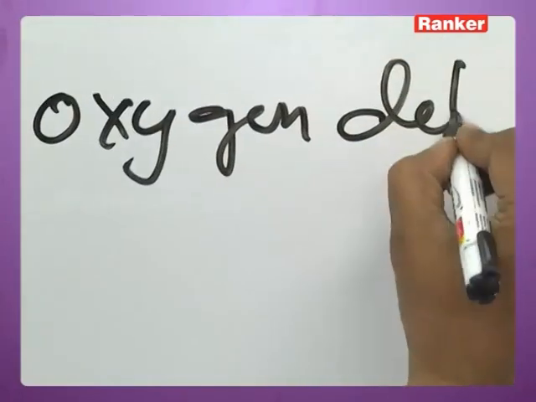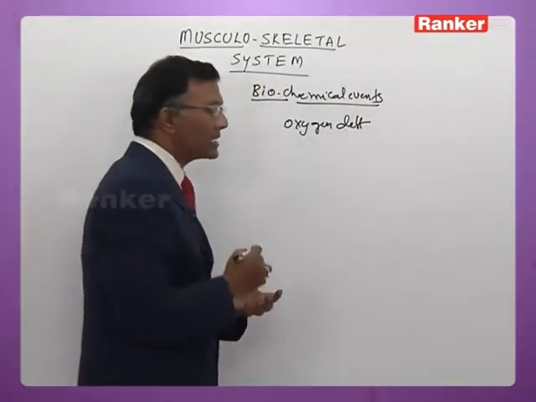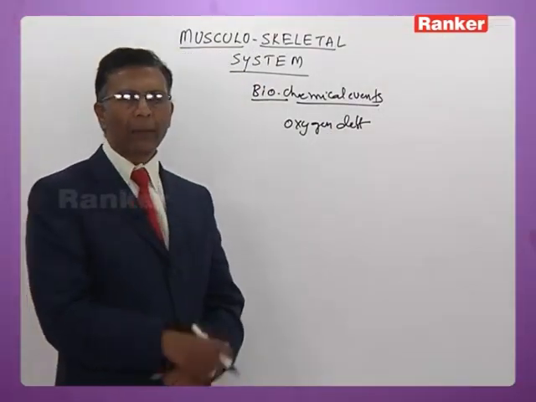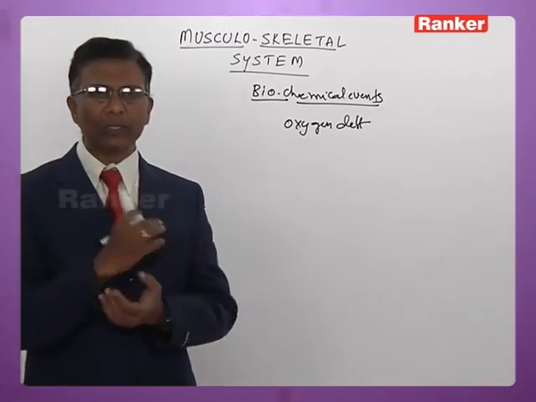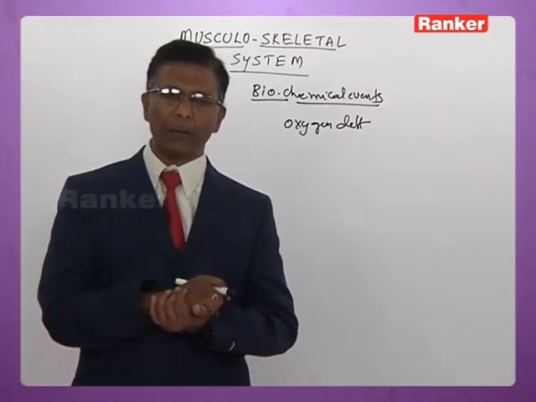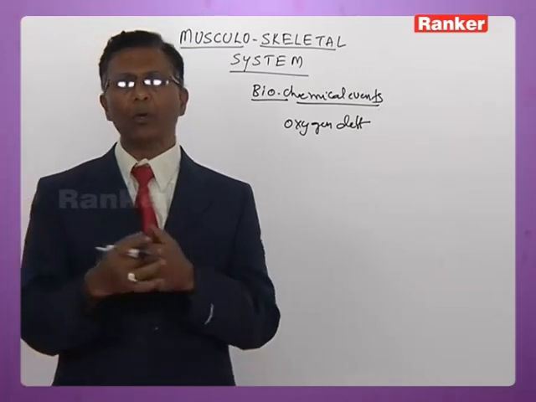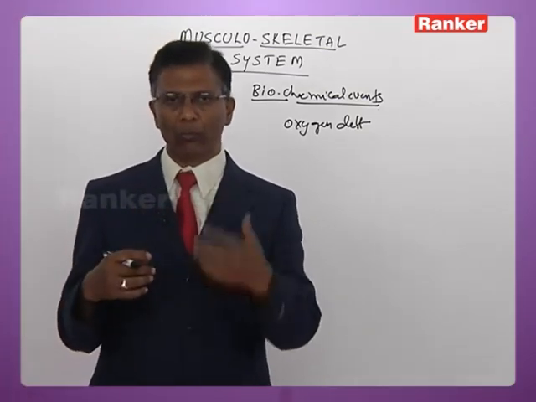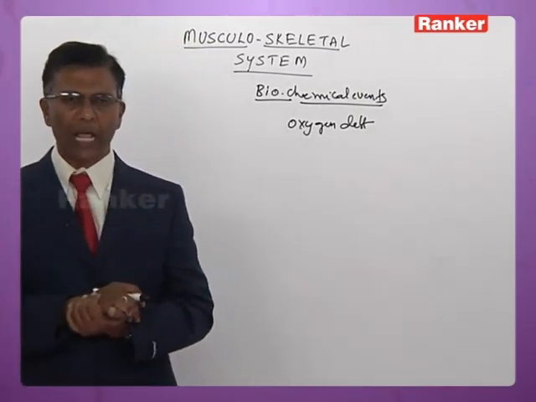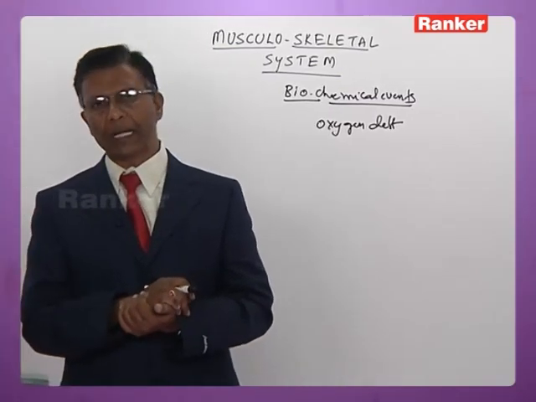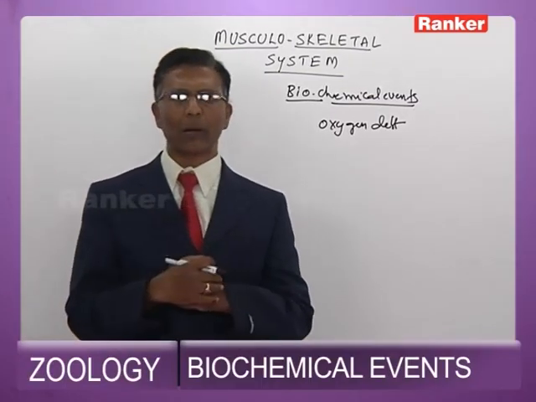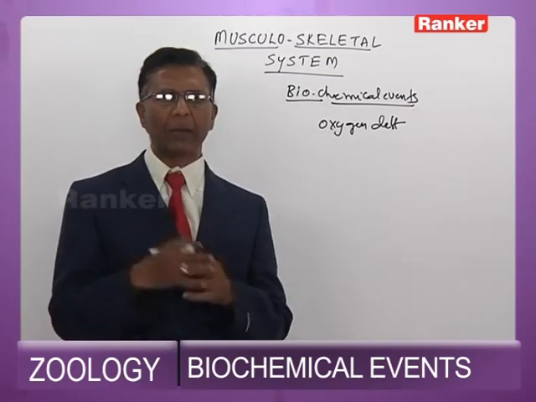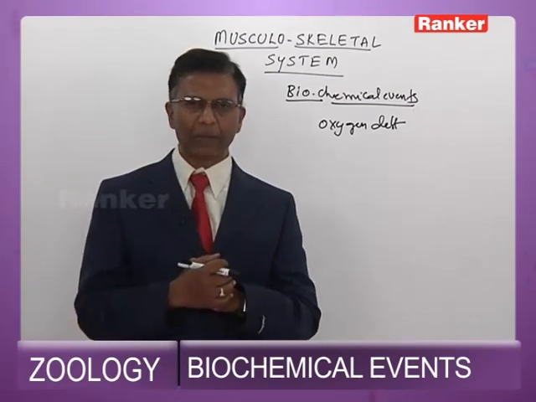Now oxygen debt. What is oxygen debt? A person while running, if he consumes say about 4 liters of oxygen per minute, when he is about to stop an event, he may consume more oxygen. He may consume nearly 6 to 7 liters of oxygen when the person is about to stop that strenuous physical activity, by panting, wheezing and gasping.